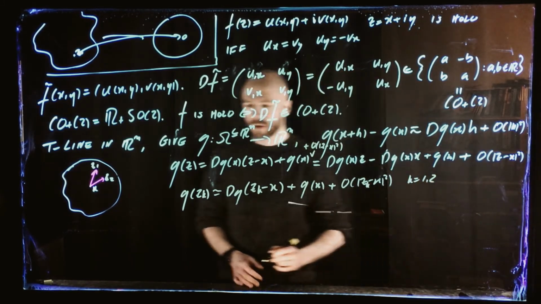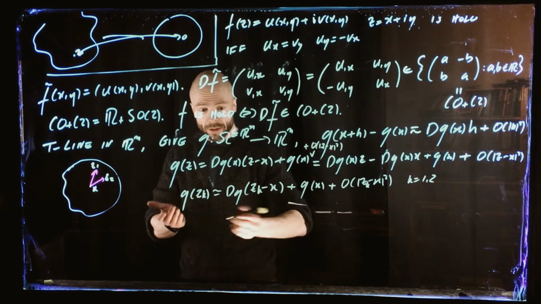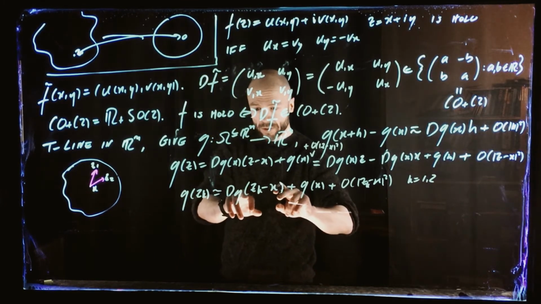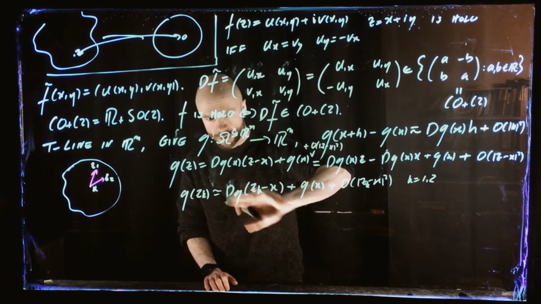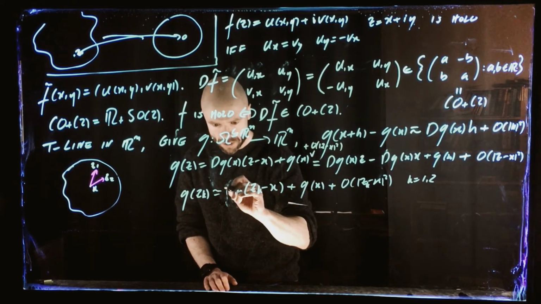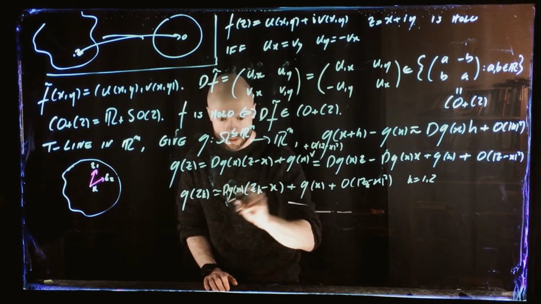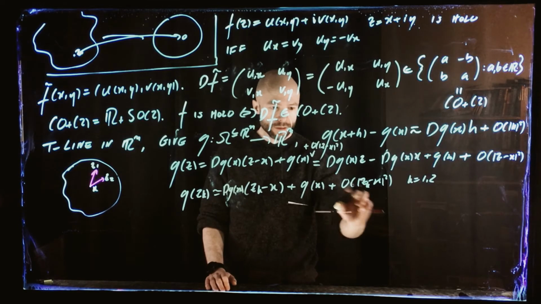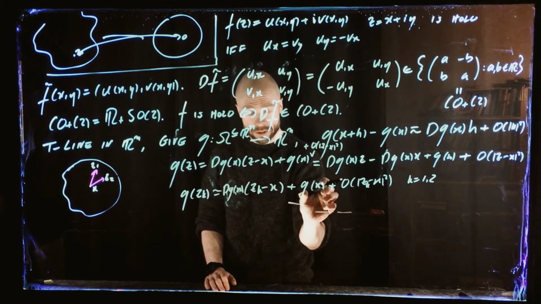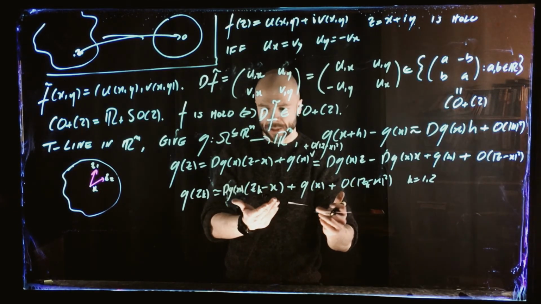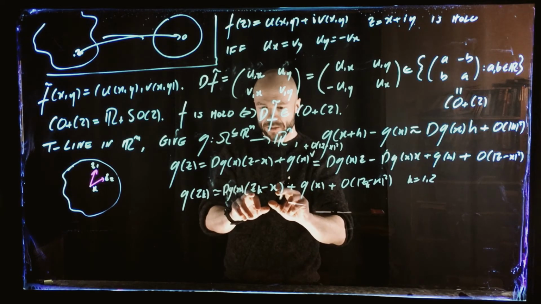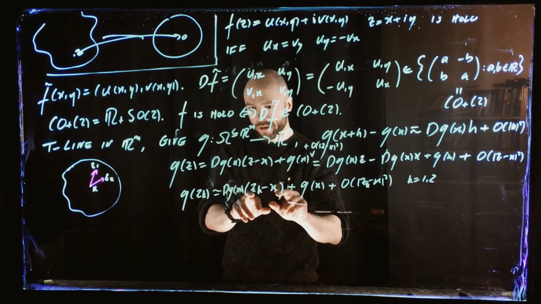In particular, that means the image, so I should put the G of x0 here. This thing is in the error, so we're going to forget about it. This is just a point in space, in our n-dimensional space, and this is our vector, taking away the initial point x0.